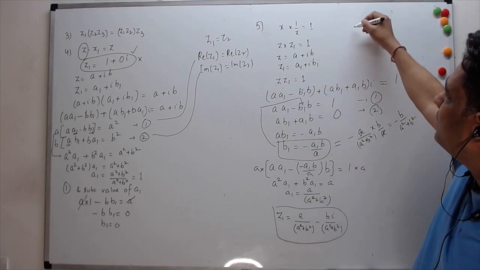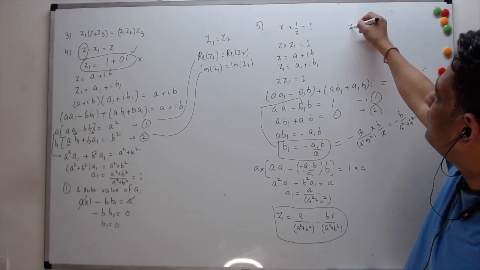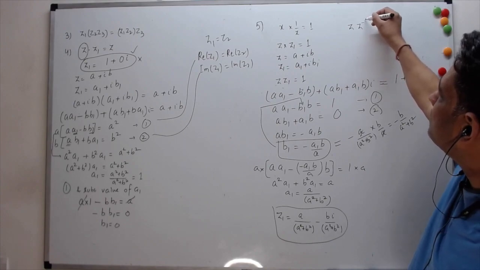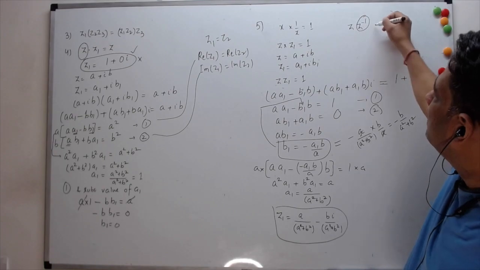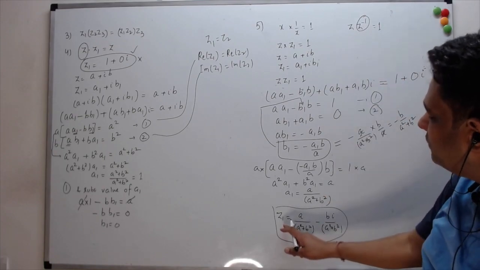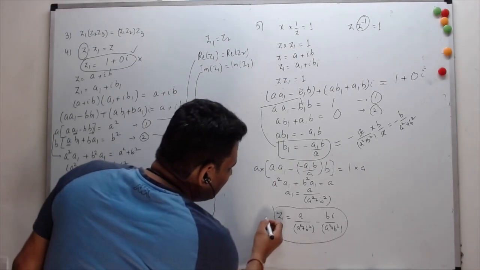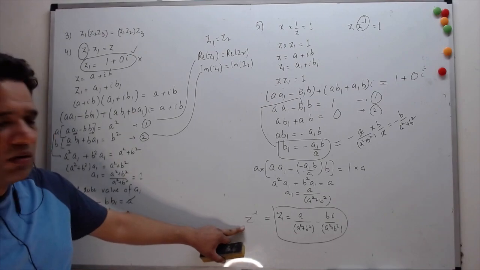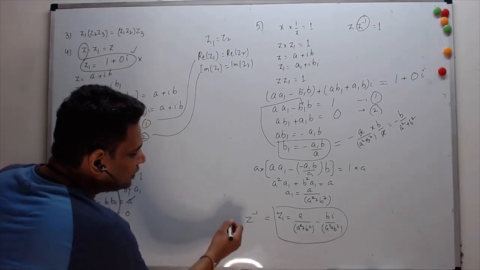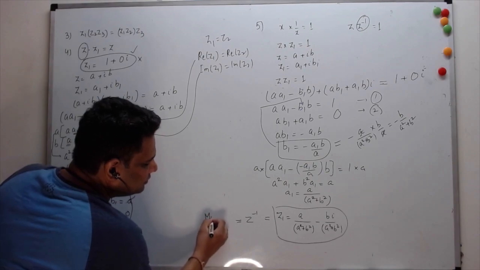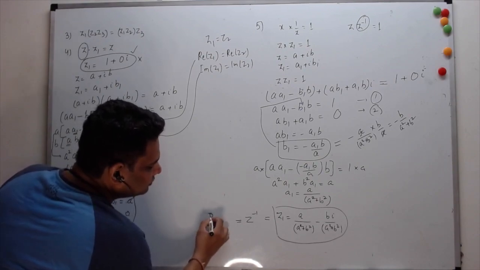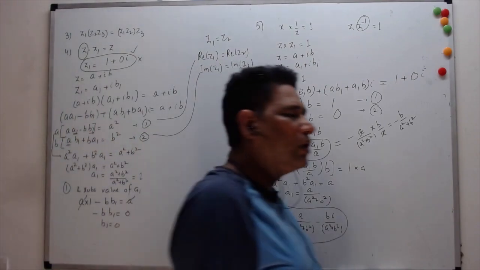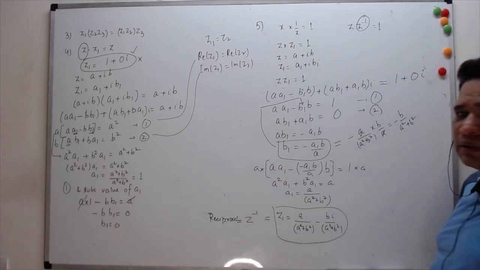By the way, the multiplicative inverse of a number z is also written as z raised to the power minus 1, something like this, and that gives you 1. So the value which you get here is also equivalent to the inverse, which can also be represented like this, and which is also what we call the multiplicative inverse or reciprocal or the negative exponent of the number.